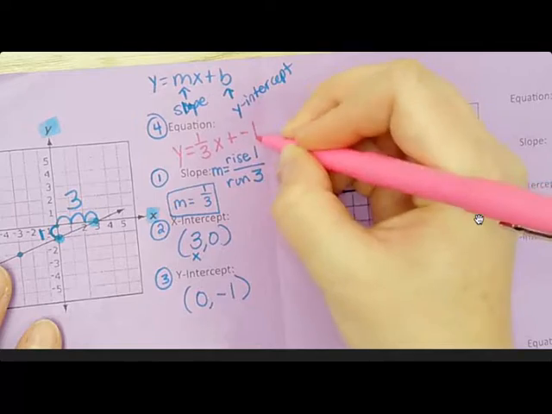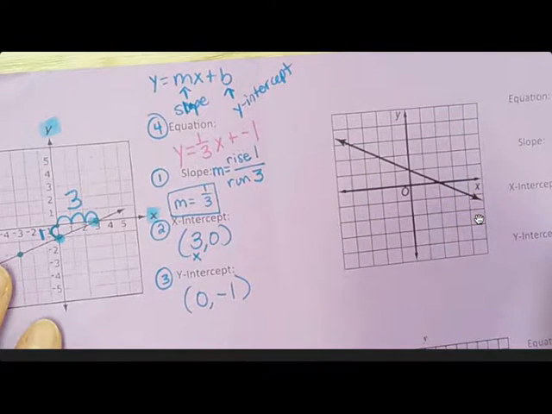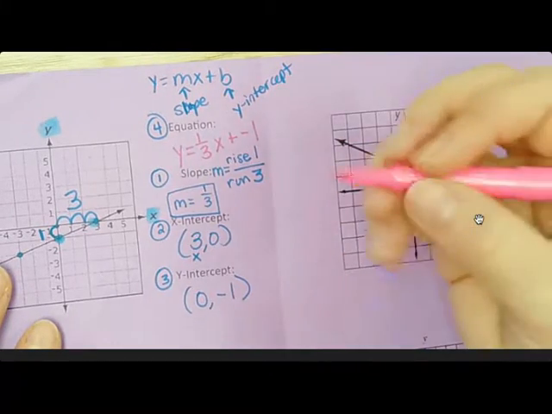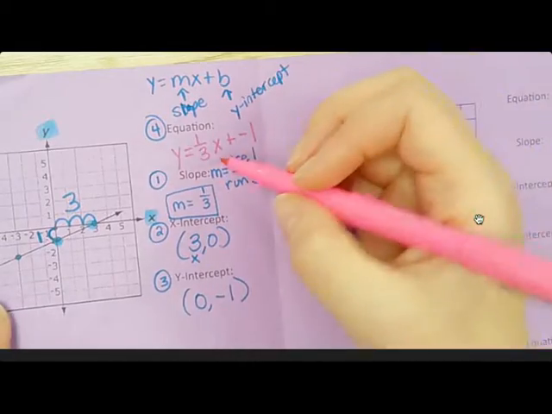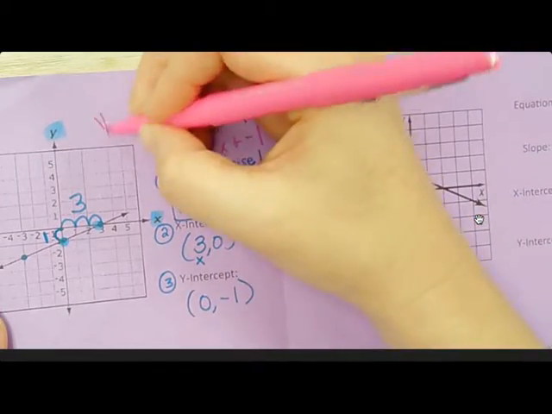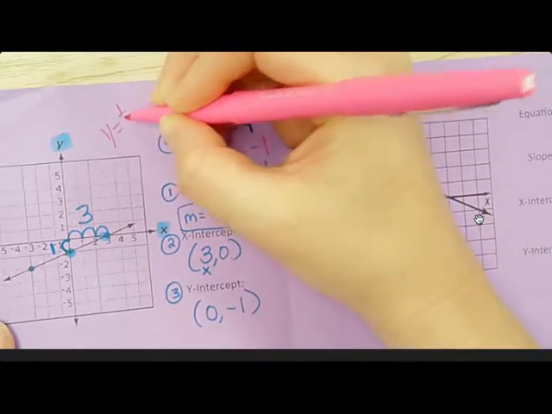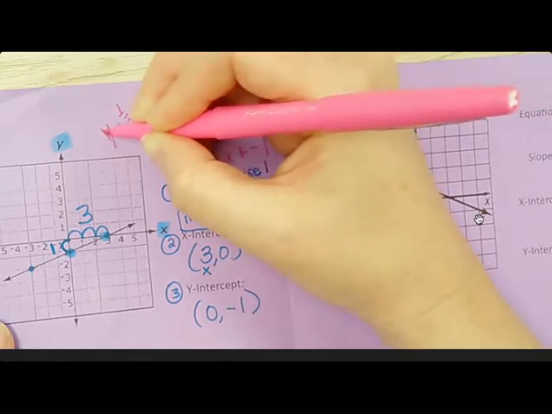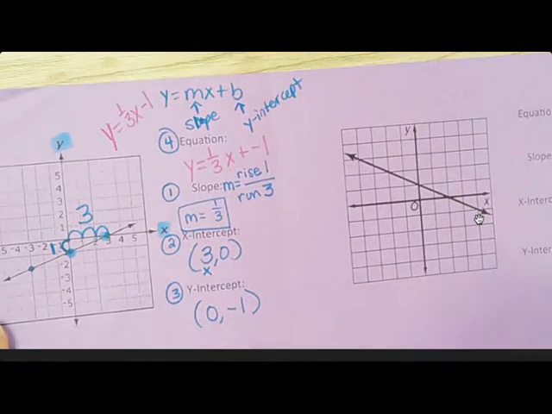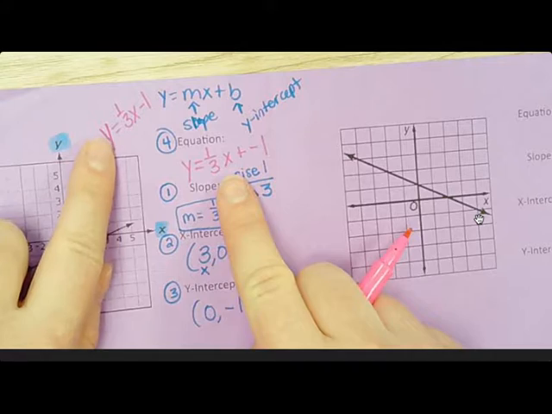Negative 1. Could I have written this without the plus? Actually, I could write y equals 1/3 x minus 1. These are the same thing.